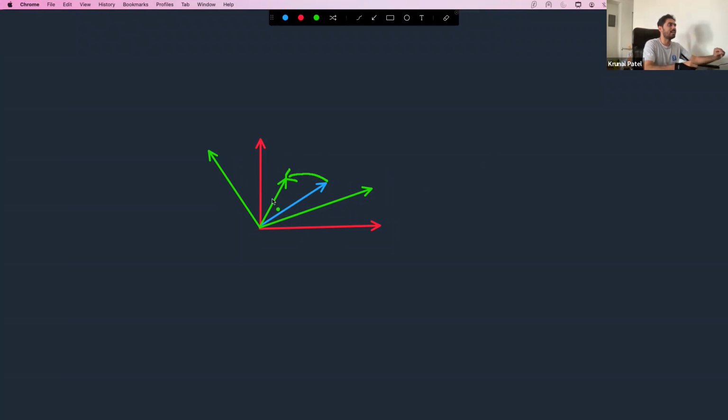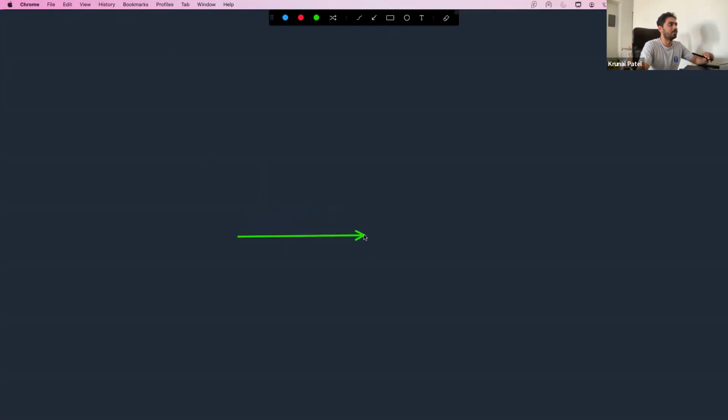I can say things like, I want to move my x-axis to this line, but I don't want to move my y-axis here. So let's erase some parts and redraw things. Let's say I have my x-axis and my y-axis, right? After the transformation, I want my x-axis to go here, and I want to completely collapse my y-axis.